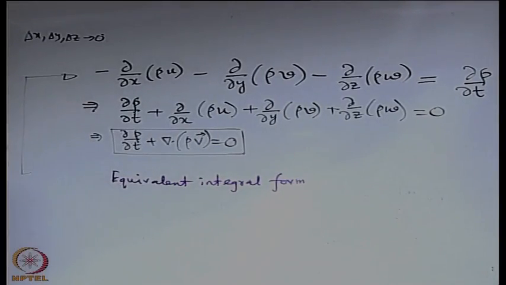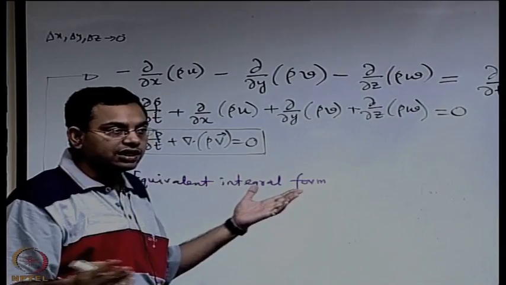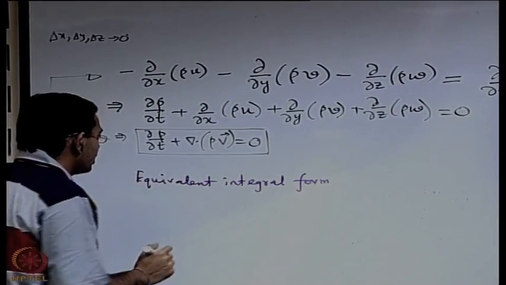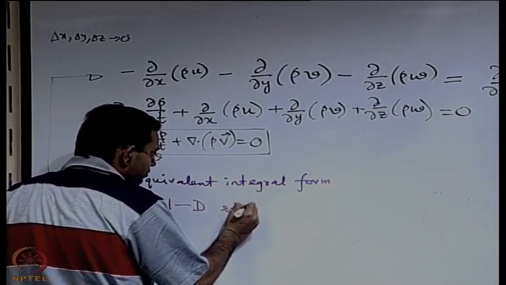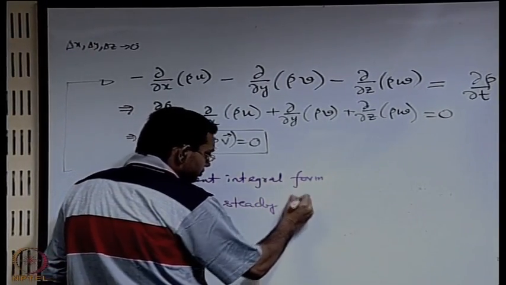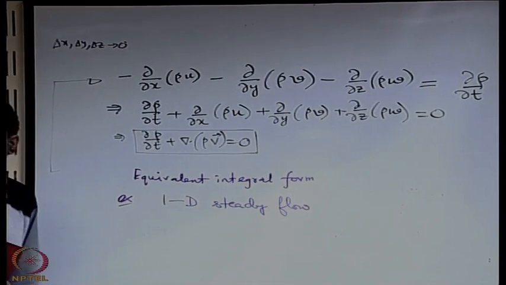What is that equivalent integral form? We will not go for the most general case that we will study later, but we will consider a very simple case as an example, one dimensional steady flow. Say the flow is taking place along x.